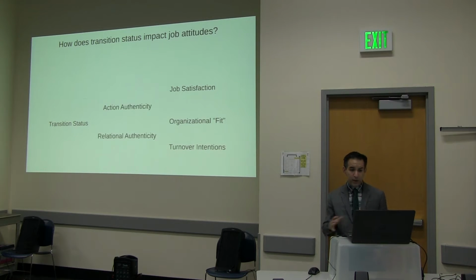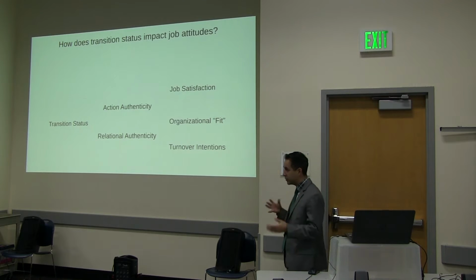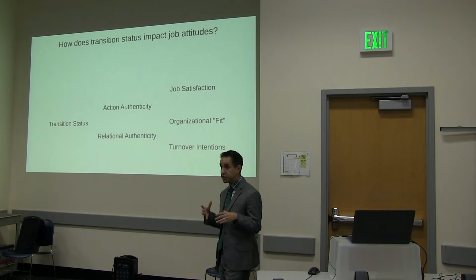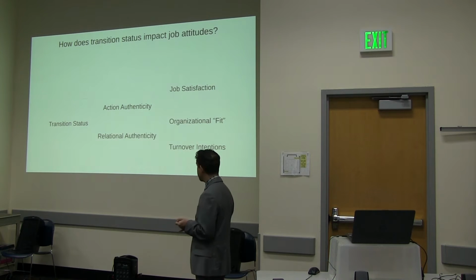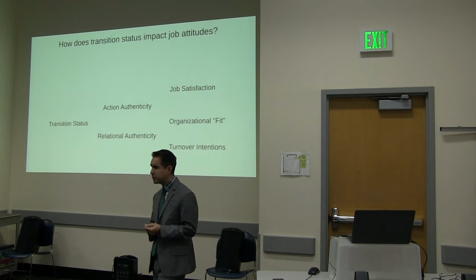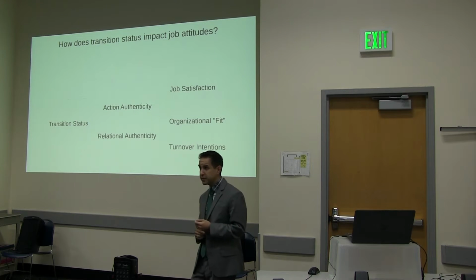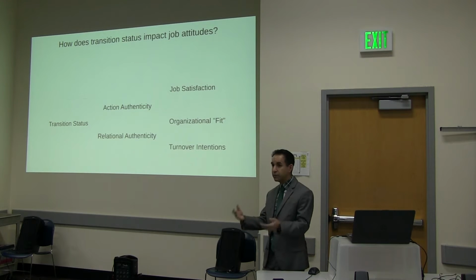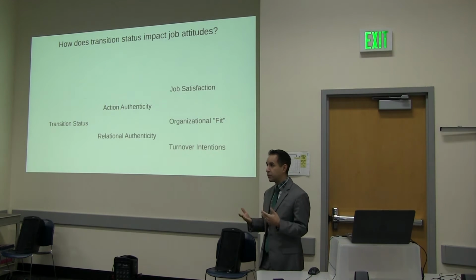But we really, again, wanted to see why, like psychologically, what's going on here. And this time we had two different explanations that we wanted to test. One is what we called action authenticity, but if you're familiar with the concept of cognitive dissonance at all, cognitive dissonance means I believe one thing, but I'm acting in a different way.